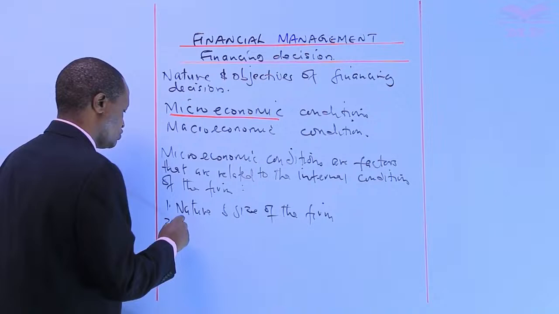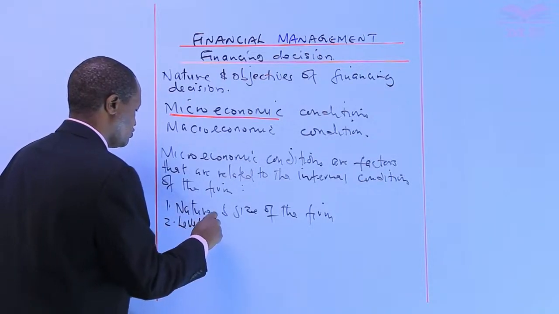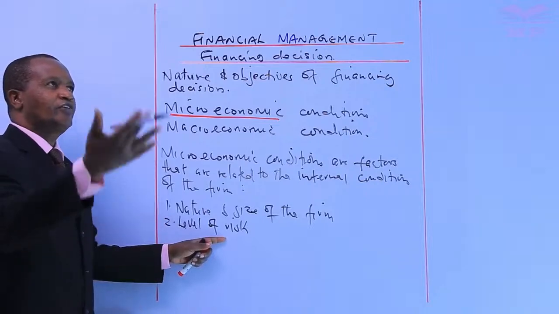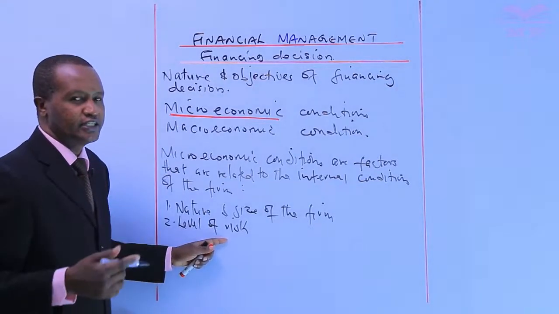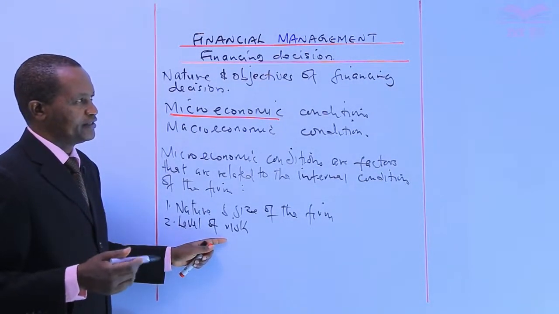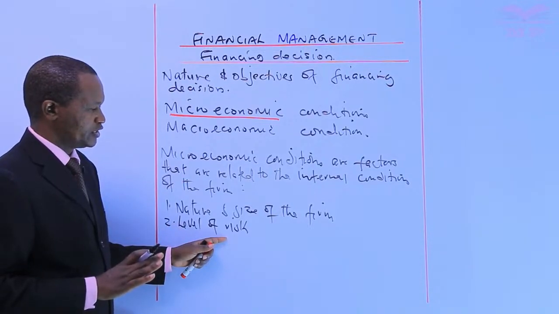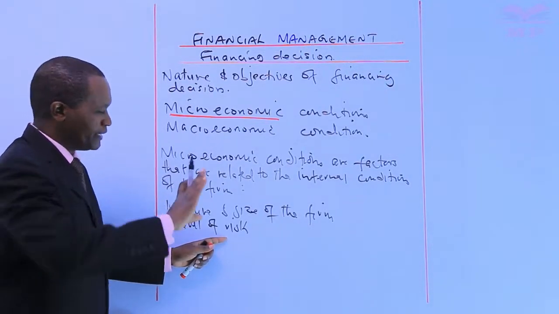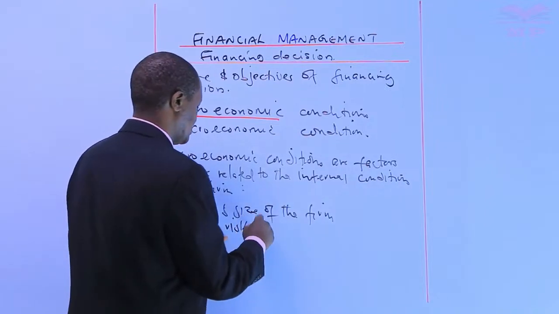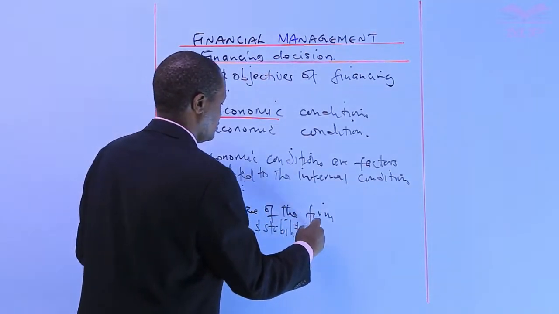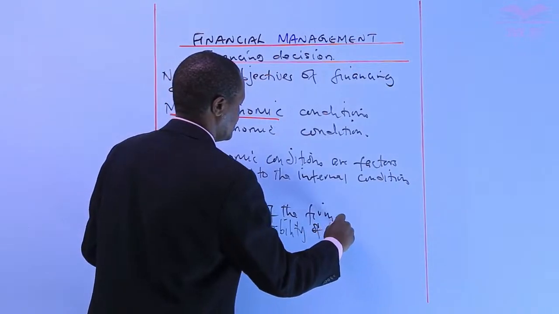Two, the level of risk. And this can be established or determined by looking at the stability of earnings.